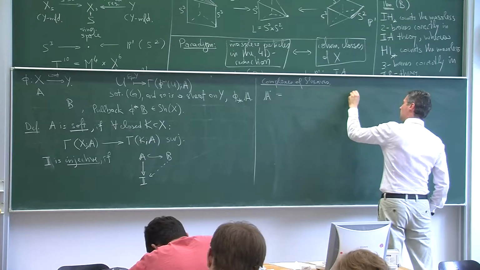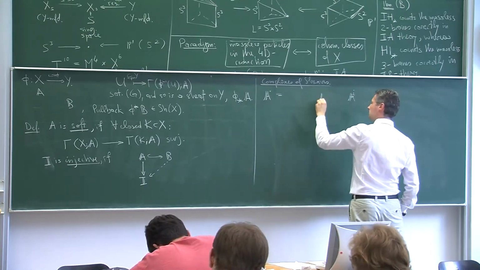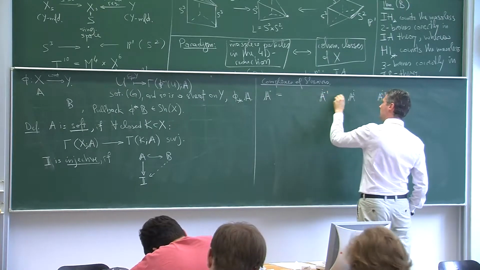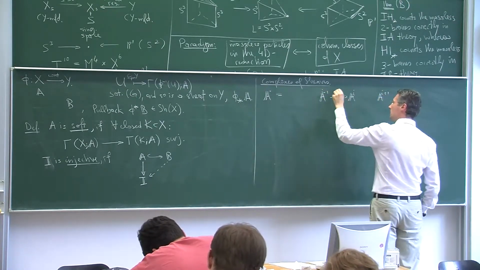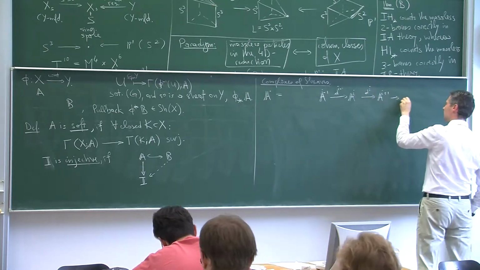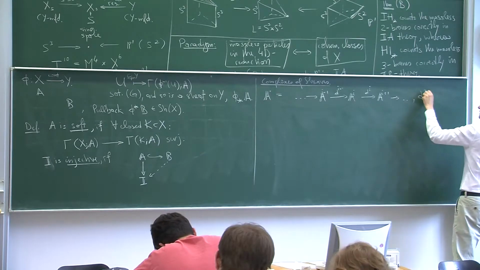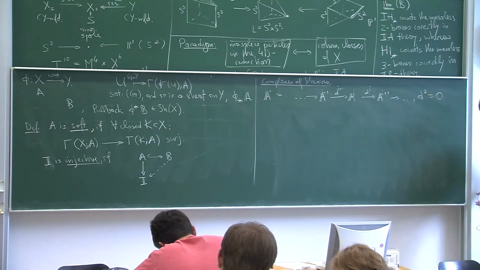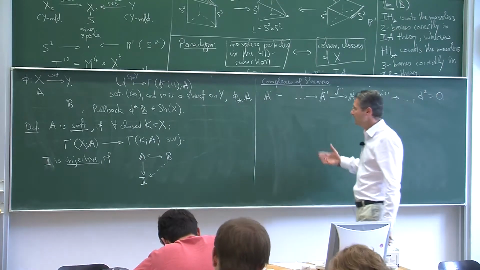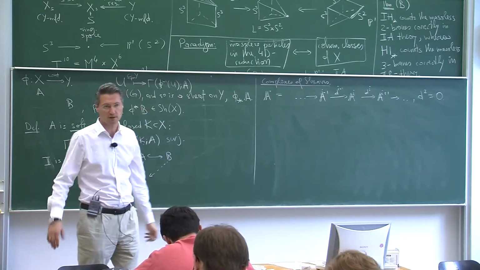You have in every degree i, i plus 1, a sheaf. And you have differentials, d i minus 1, d i, and so on, between these, such that d squared is 0, as usual, so that this forms a complex, right? So it's just the usual definition of a complex transported to the world of sheaves. So there's nothing special here.